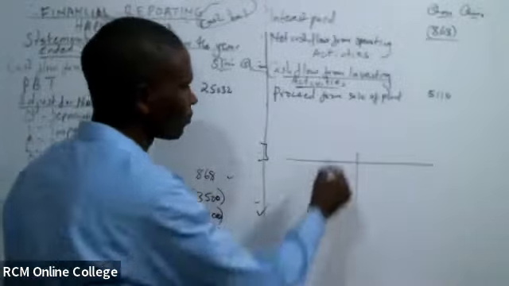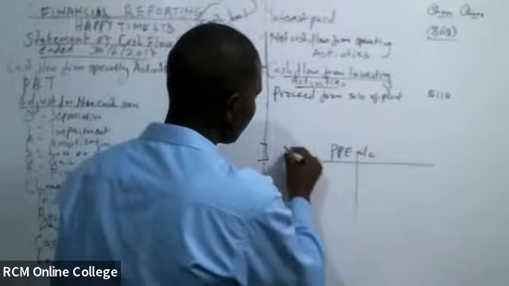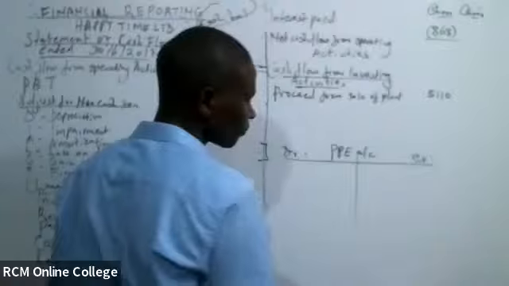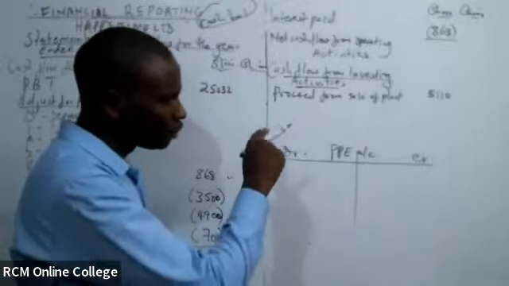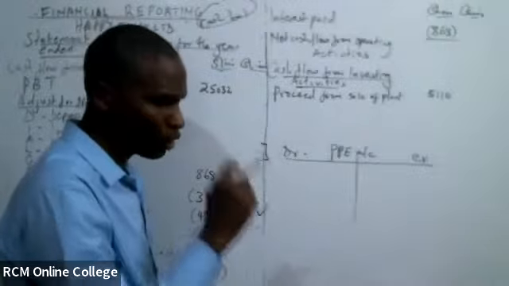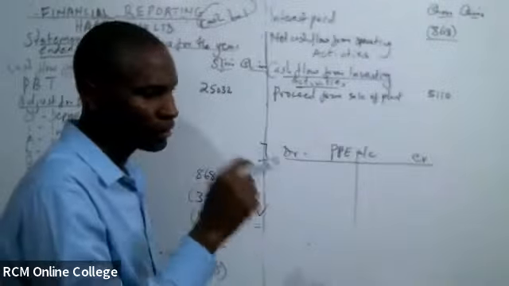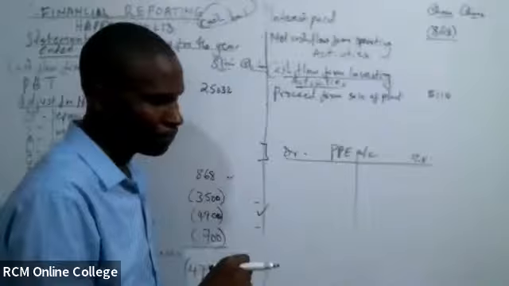Okay, PPE account. So this debit, this credit. I told you that you can draw this account while using cost or net book value, and you arrive at the same answer.